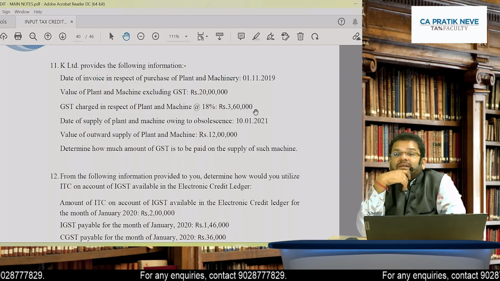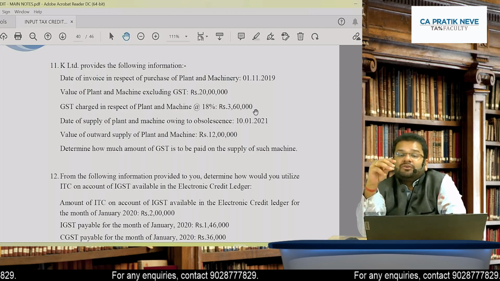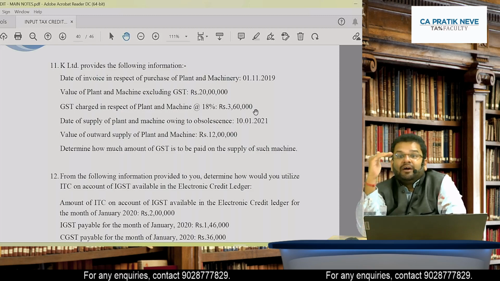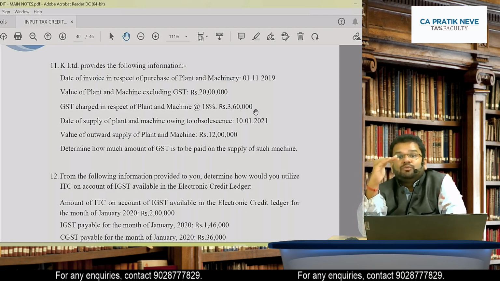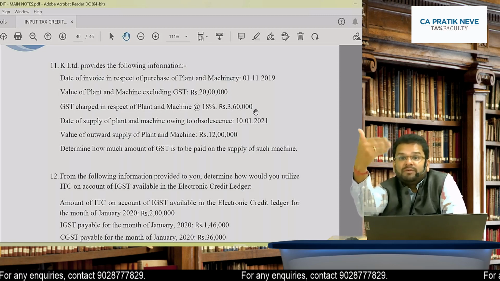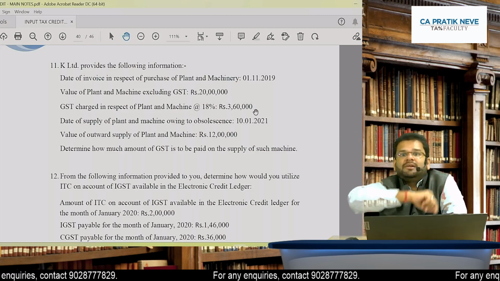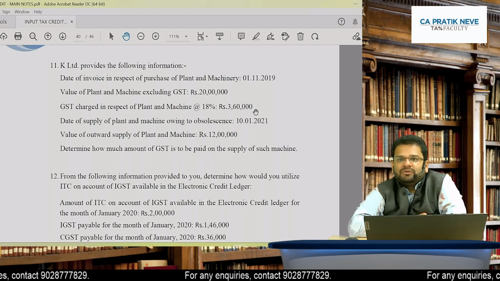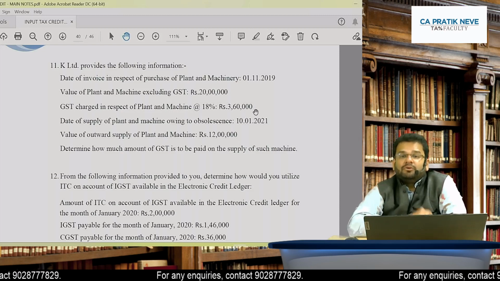Why am I saying first answer? Because the government does not ask you to directly pay this. Government says compare this with what? How much GST would have been payable on the sale value of capital goods? What is the sale value of capital goods?